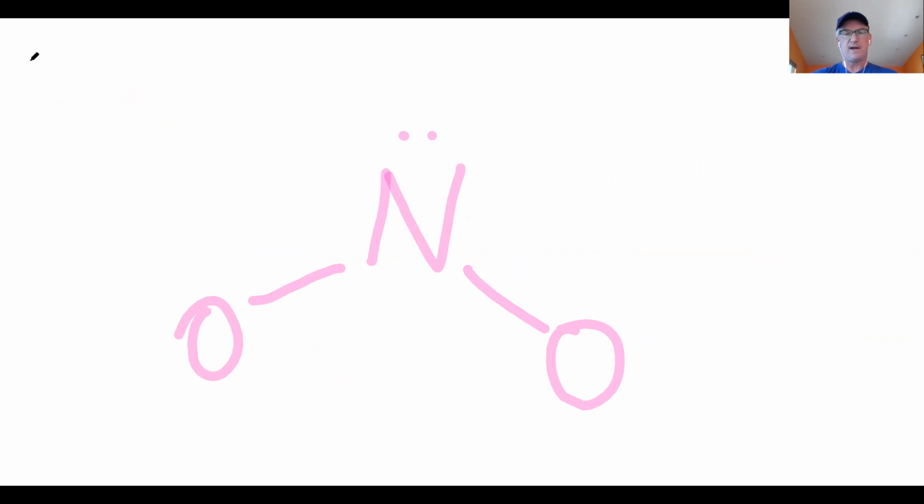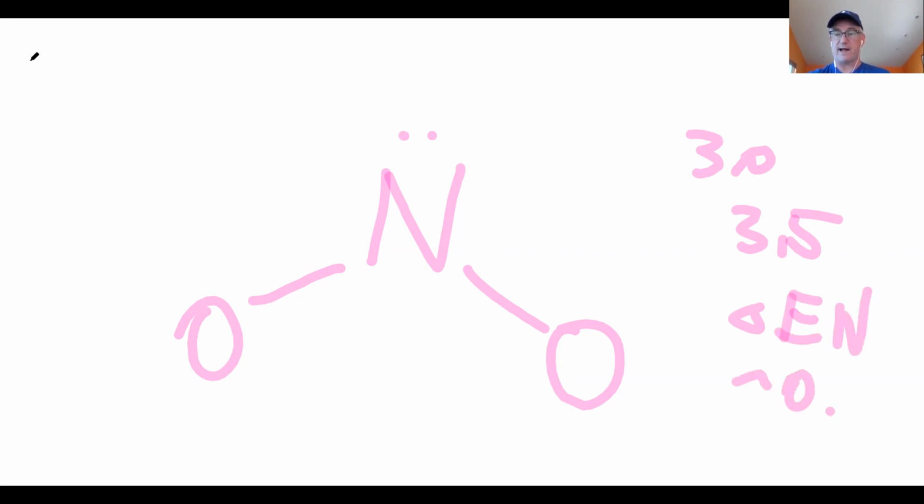So nitrogen, I believe, has an electronegativity of 3, and I think oxygen's is 3.5. So the difference in electronegativity is around 0.5. So is that going to be polar or non-polar?